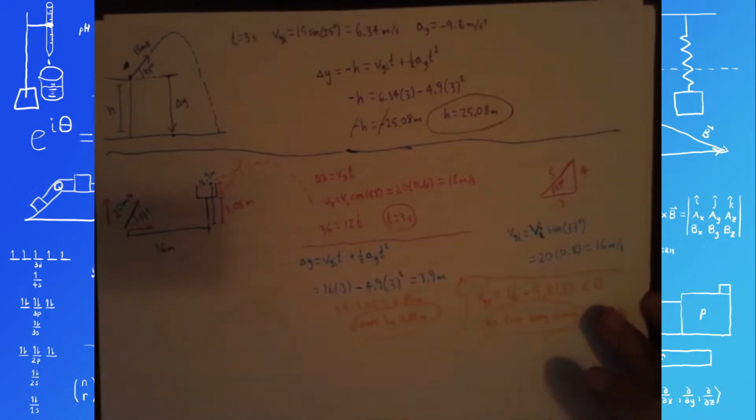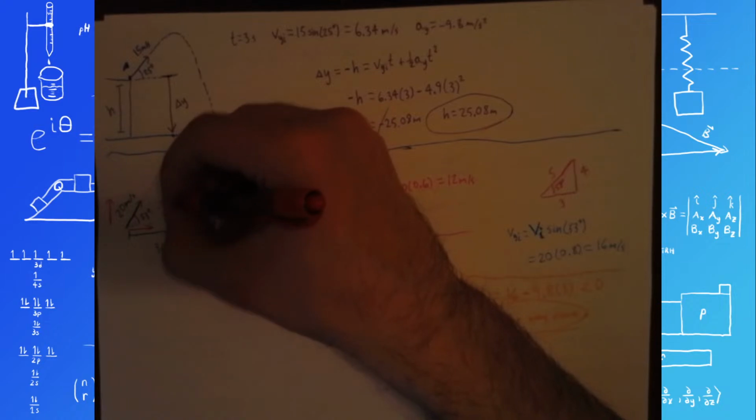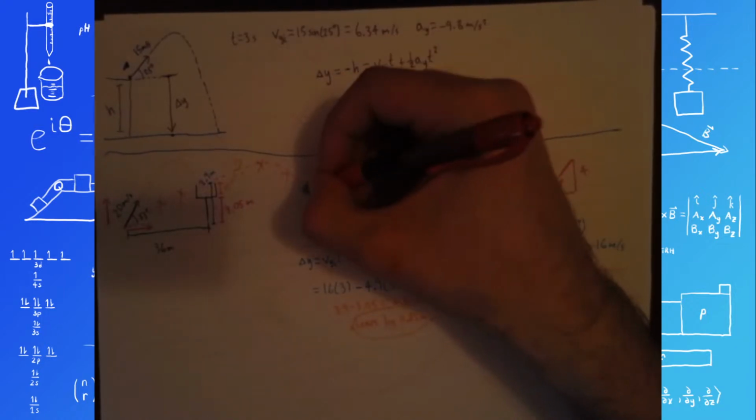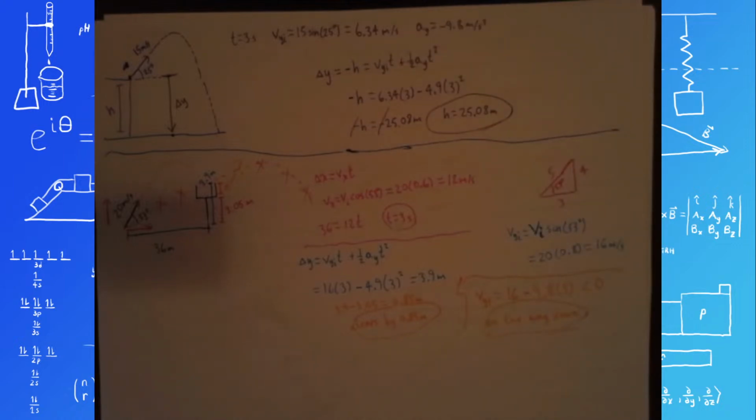It's not still on its way up when it crosses the crossbar. So I'm just going to X that out to emphasize that it's the wrong trajectory. Okay. What do we have next?